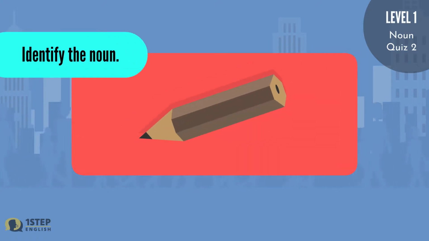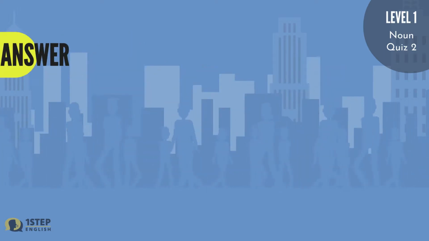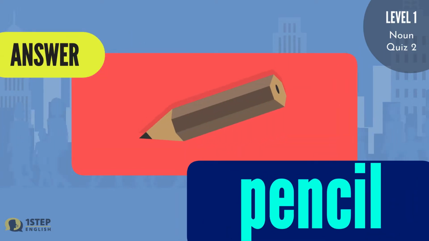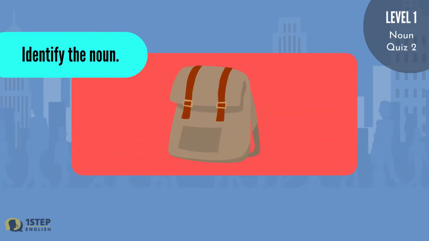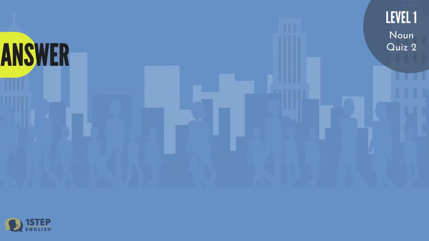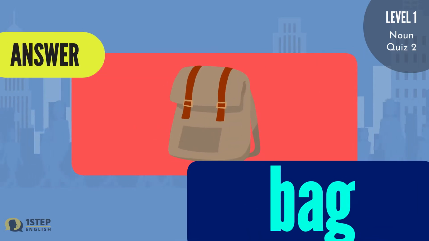What is this? The correct answer is pencil. What is this? The correct answer is bag.